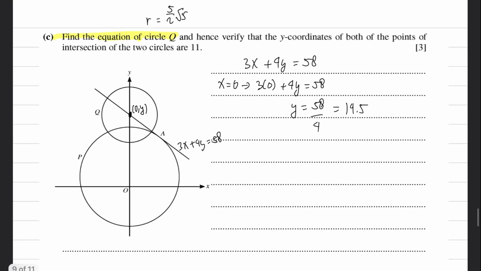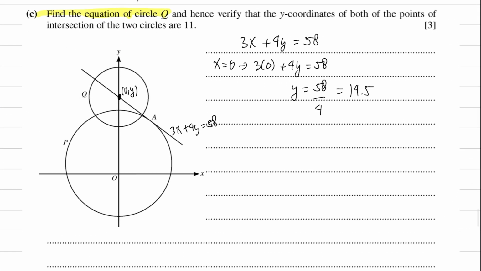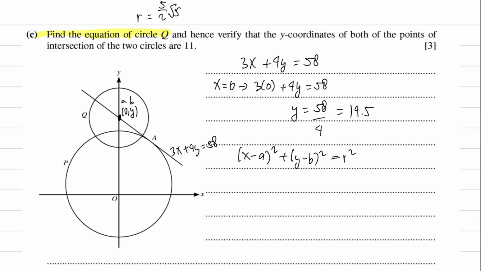So the equation of the circle Q will be (x minus a) squared plus (y minus b) squared equals r squared. Here a is 0, so just x squared, plus y minus 14.5 squared equals r squared, so 5 over 2 square root of 5, squared.